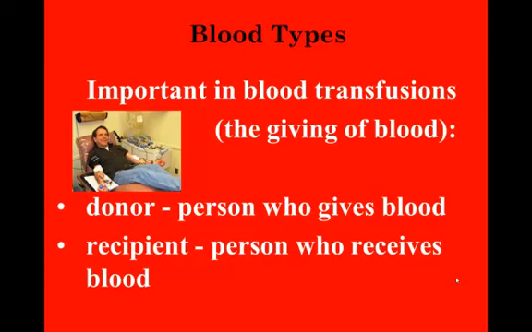The recipient is the person who receives the blood. It's very important what their blood types are, because if you give the wrong blood type to the recipient, it could kill them. And it did, way back before Carl Landsteiner.